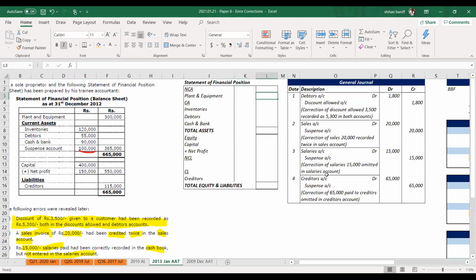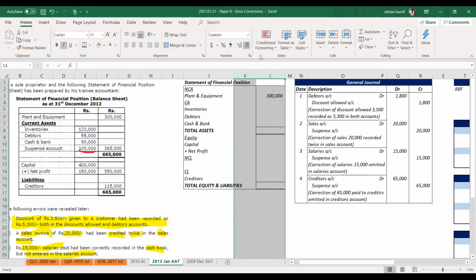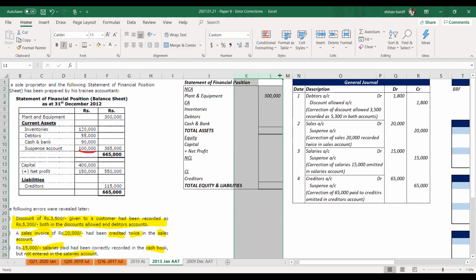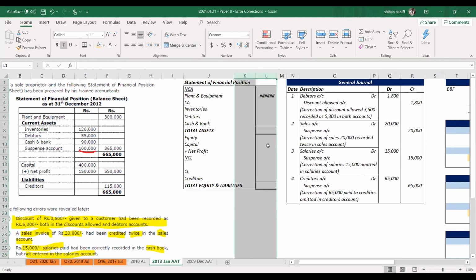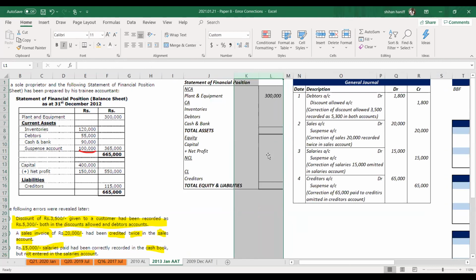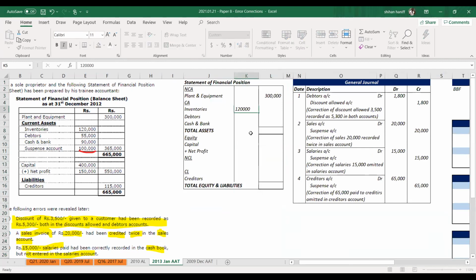Plant and equipment, there are no corrections for the plant and equipment. It is 300,000, so it doesn't change. Inventories, 120,000, also didn't change.